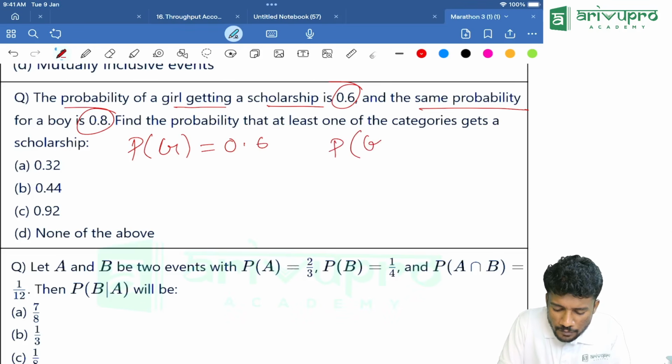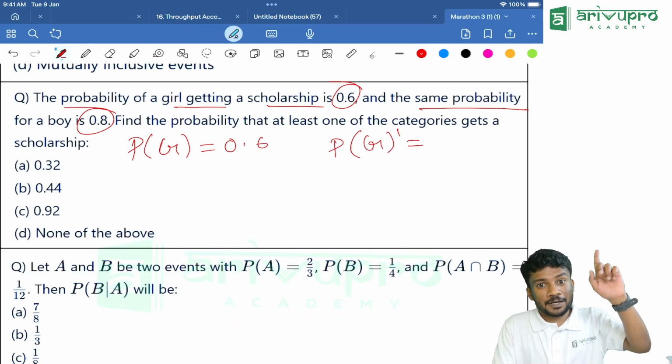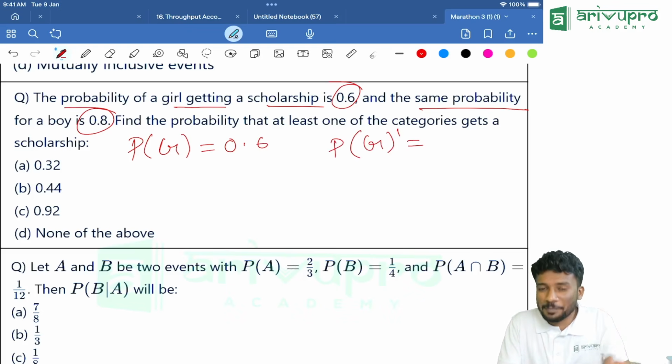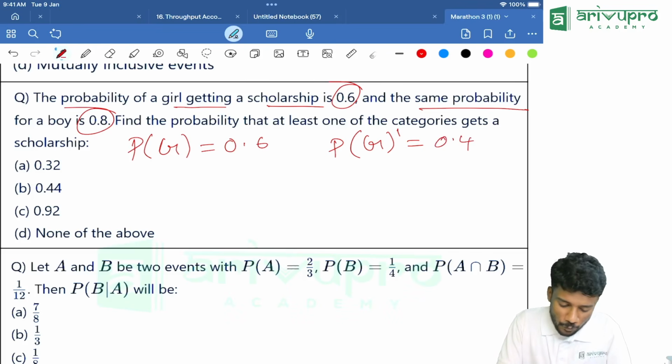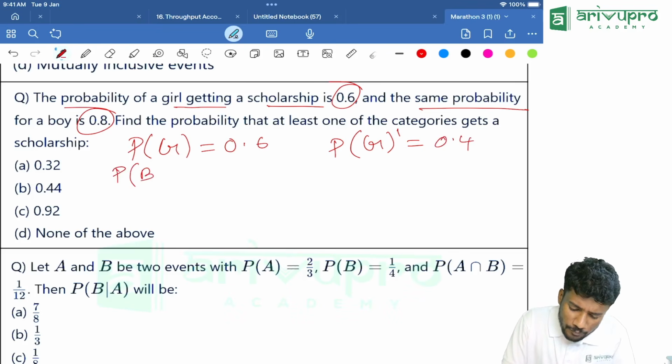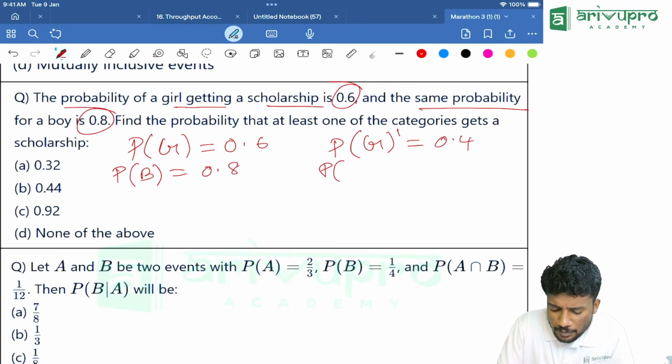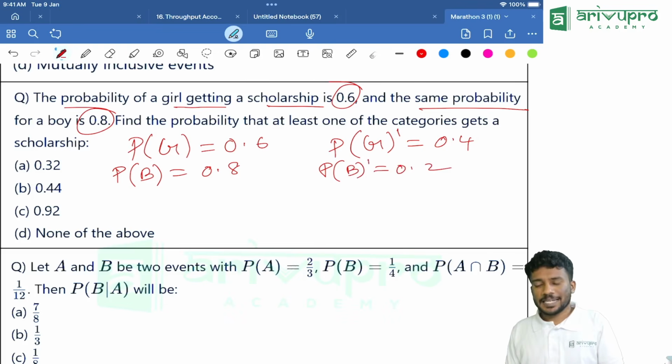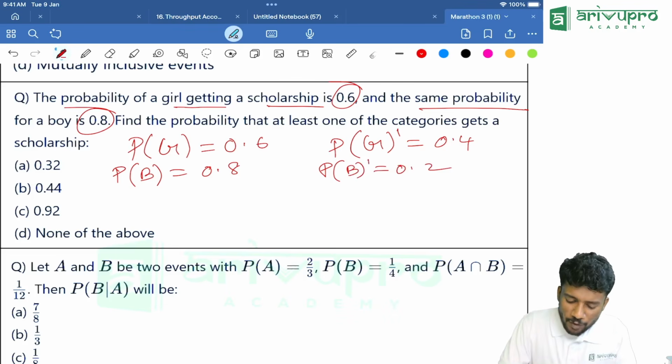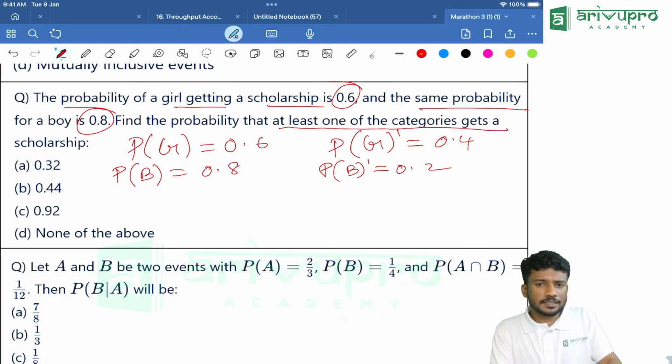Then probability of girl not getting the scholarship is 1 minus 0.6, which is 0.4. Probability of boy getting a scholarship is 0.8. Then probability of boy not getting the scholarship is 0.2.